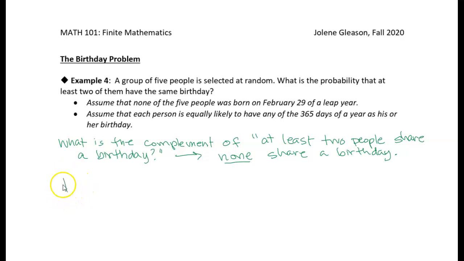All right, so we're going to find the probability of the complement of what we want, which is 5 different birthdays. Okay, so we want to know what's the probability that these 5 people all have 5 different birthdays.